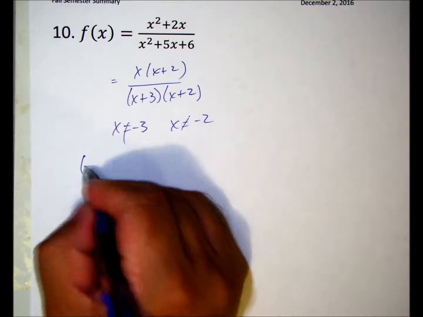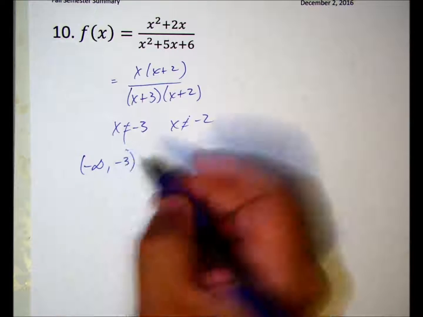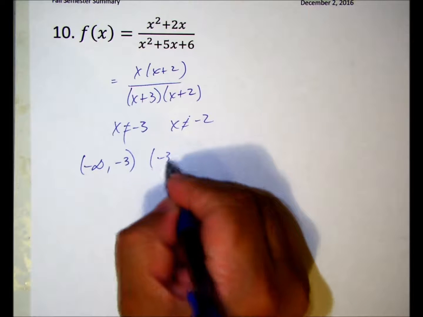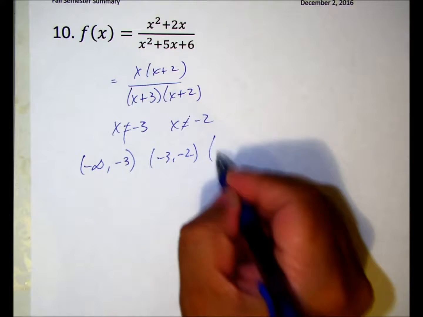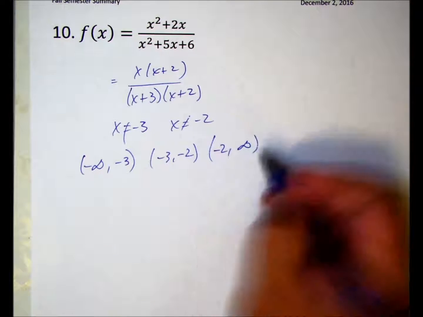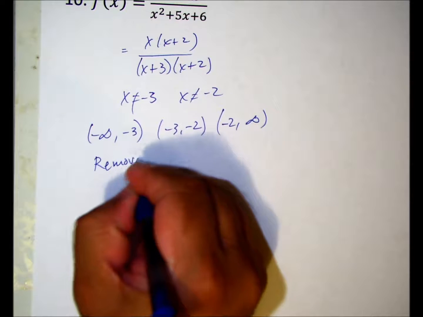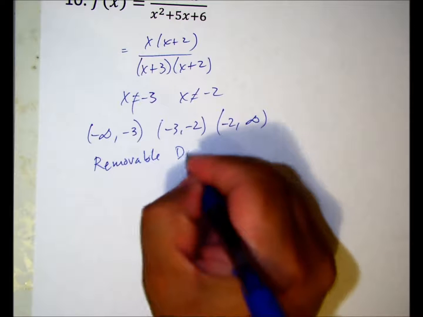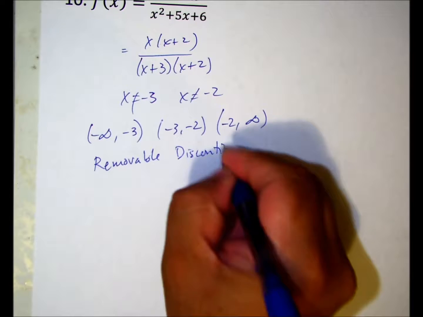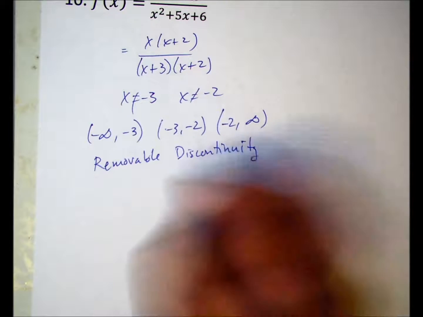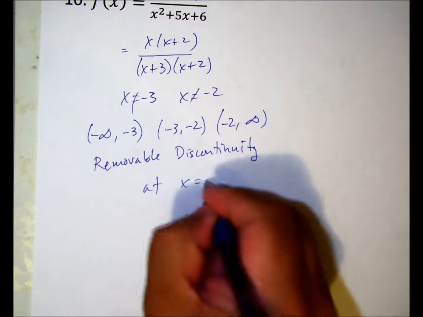That means we're going to go from negative infinity to negative 3, and negative 3 to negative 2, and from negative 2 to positive infinity. Okay, and we have a removable discontinuity at x equals -2.